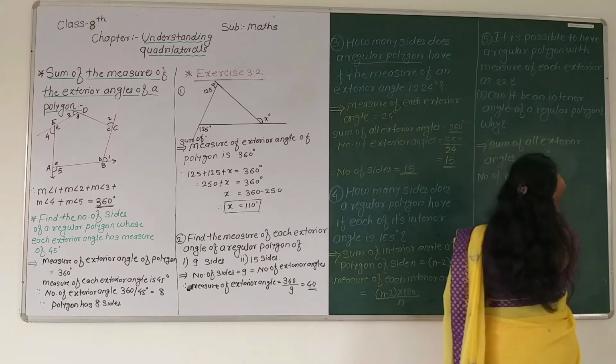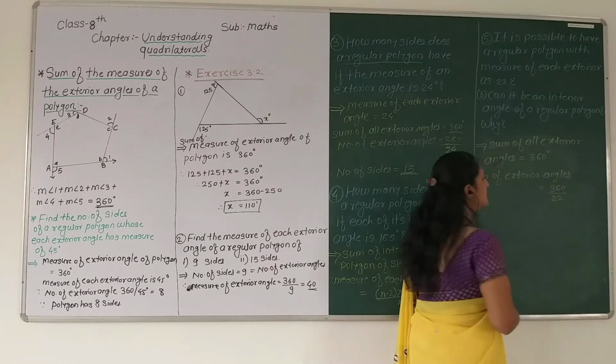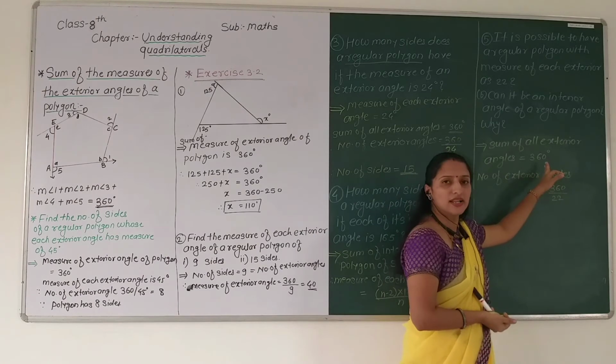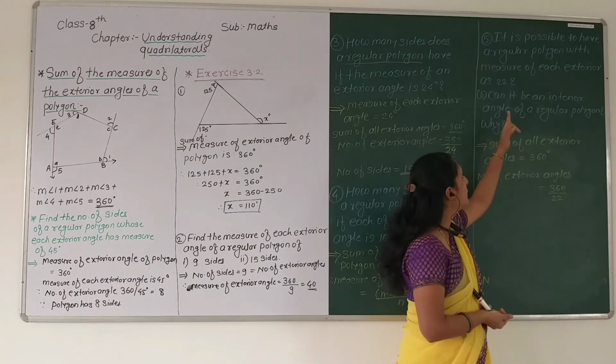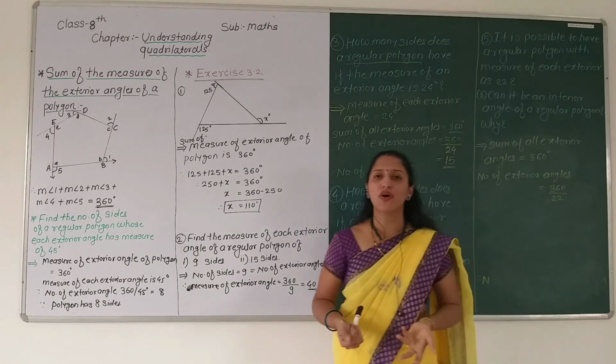Number of exterior angles is equal to what? 360 divided by 22, since the sum of all exterior angles is 360 degrees and the measure of each exterior angle is 22 degrees.